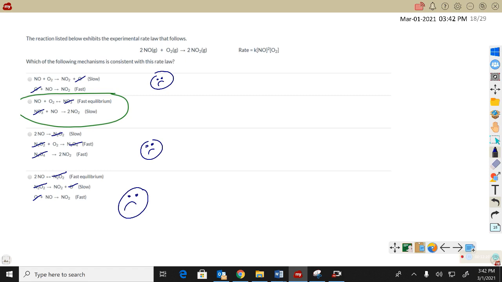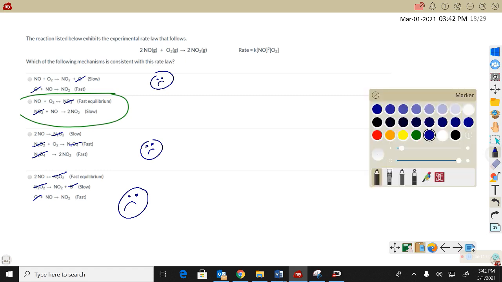It should really just be based on the molecules colliding on the reactant side and not any kind of an intermediate that's going to be formed and then consumed. But when your first step is an equilibrium reversible reaction, it really means that all of those particles are present at the same time.